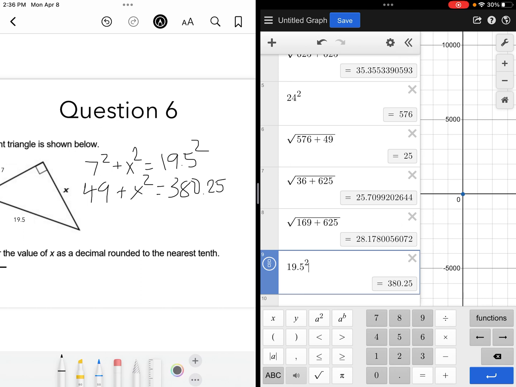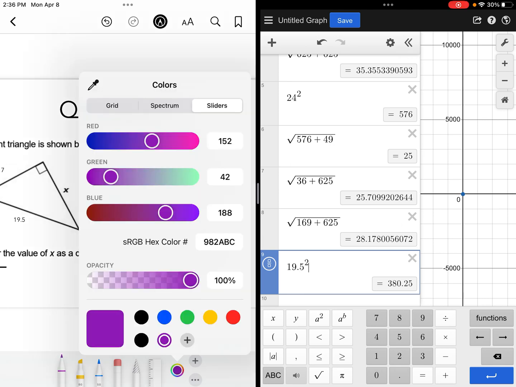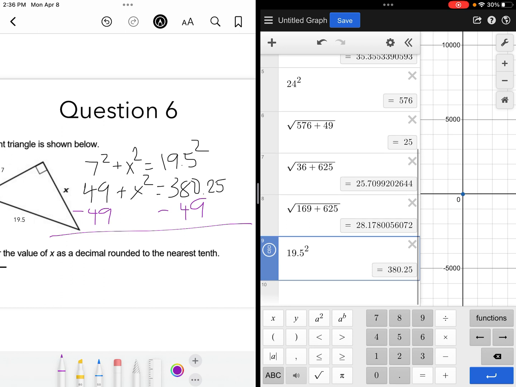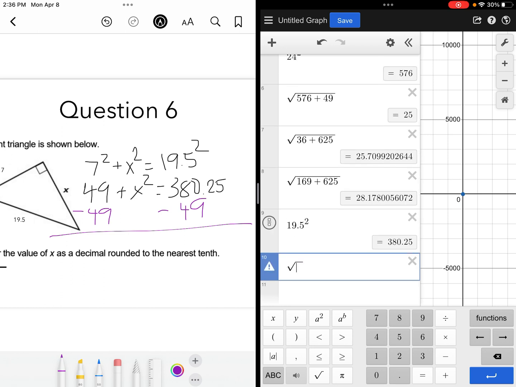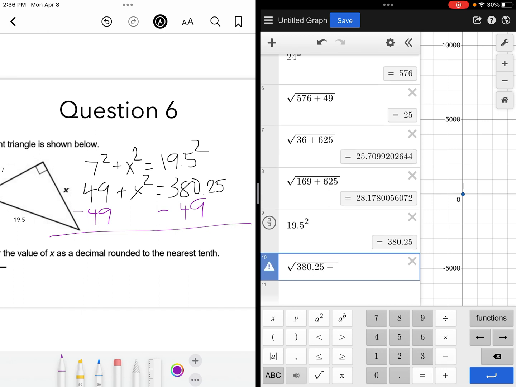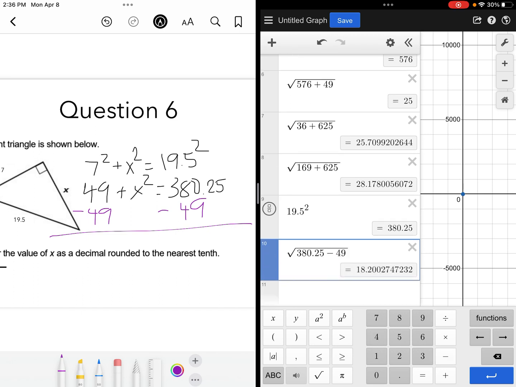So I'm going to subtract 49, and I end up with the square root of 380.25 minus 49. And I get 18.2. They want it to the nearest tenth, so my answer has to be 18.2.